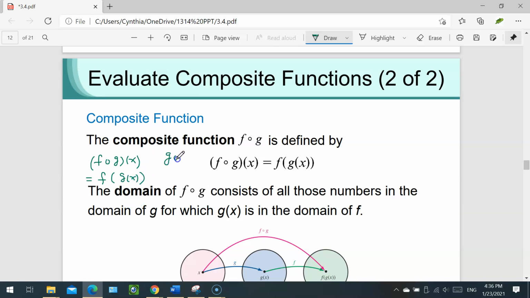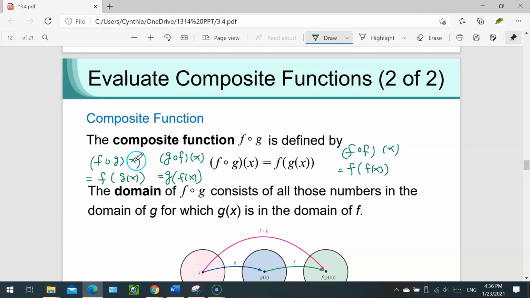When you have the function g compose f at that point x, when you rewrite it turns to the g function outside, open parenthesis, f of x inside, close. When you have f compose f at that point x, when you rewrite it, you will have the f function outside, open parenthesis, f of x inside, close.